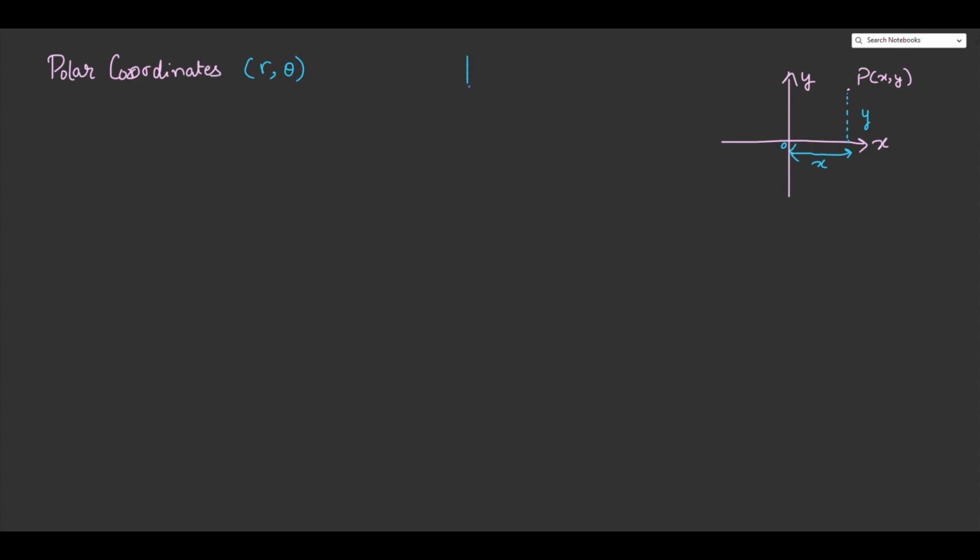So think about this. For example, we have the same xy plane and the point P. We are going to join this point P with the origin.